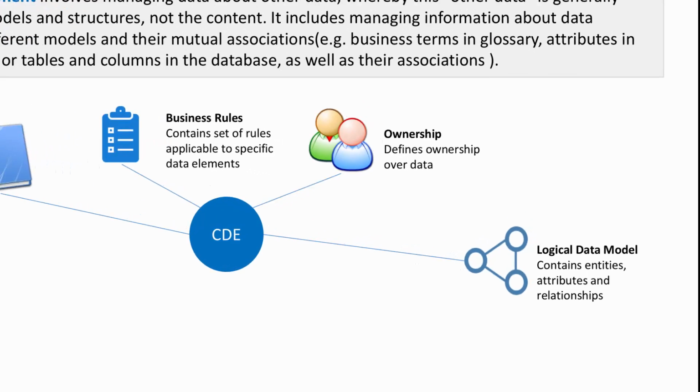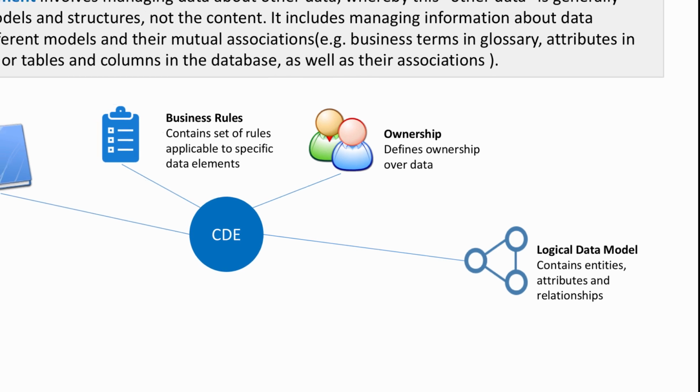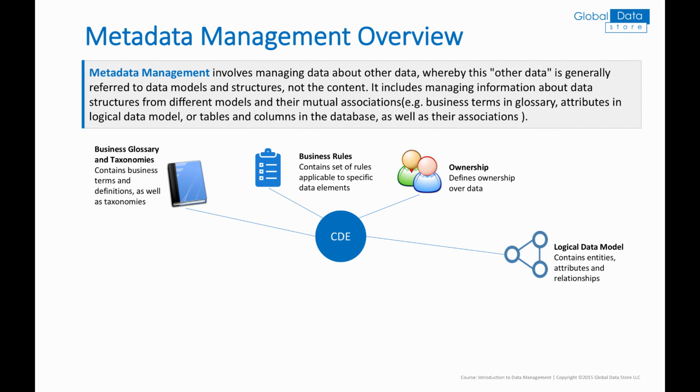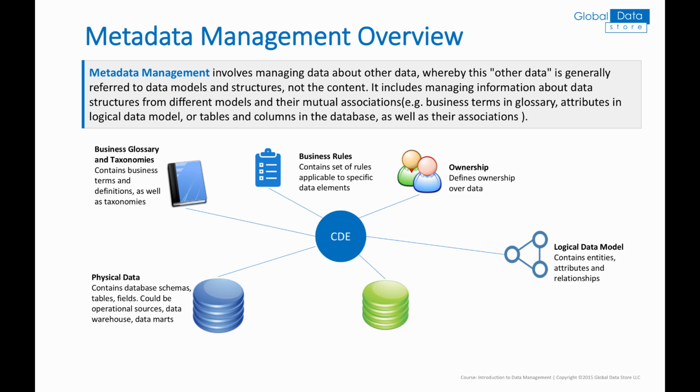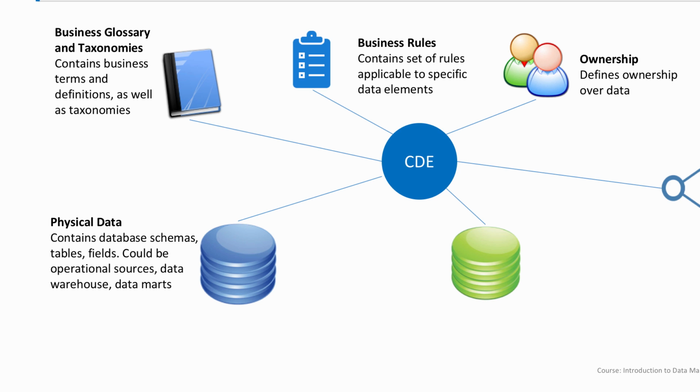Logical data model refers to entities and attributes that are mapped to data element. Physical data refers to database schemas, tables and fields.